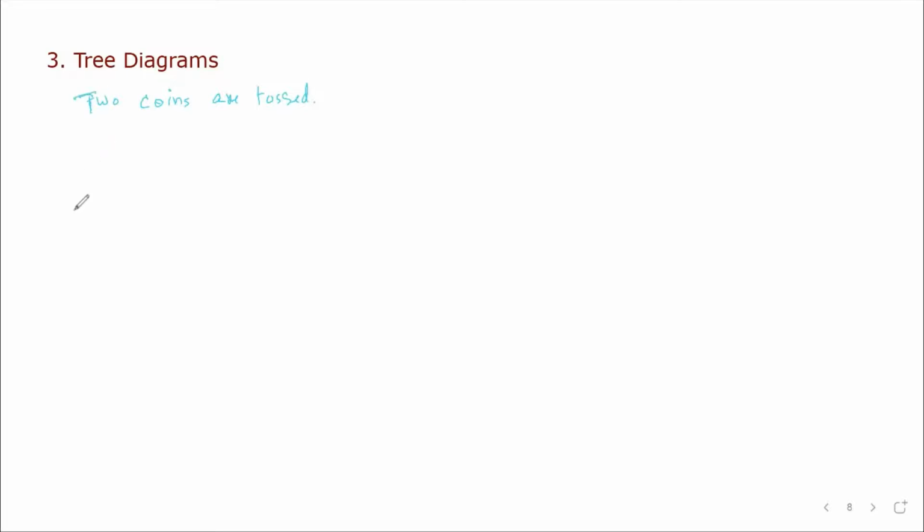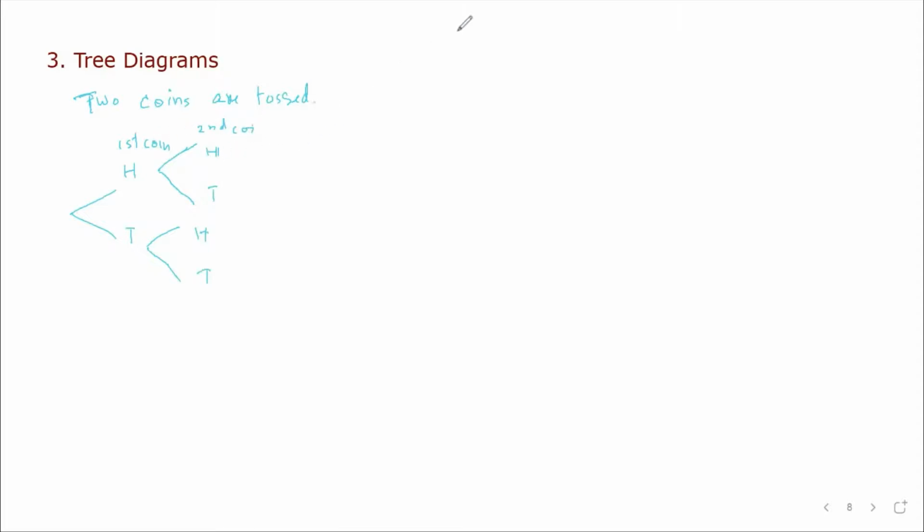You can write down head, tail, and this is the first coin. From this one, you can draw again. So this one is the second coin, which has head, tail. And this first coin also has head, tail, okay? And this also head, tail. So we have two coins.